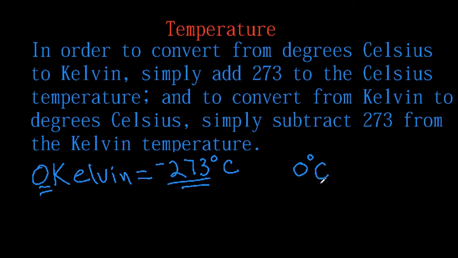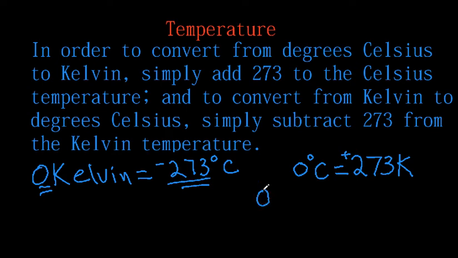So we clearly see we can't use the Celsius temperature scale for the fact that it has 0 in it. But 0 degrees Celsius is equal to 273 Kelvin. Notice that's a positive 273. Over here it's negative. So that tells you when you're adding or subtracting.